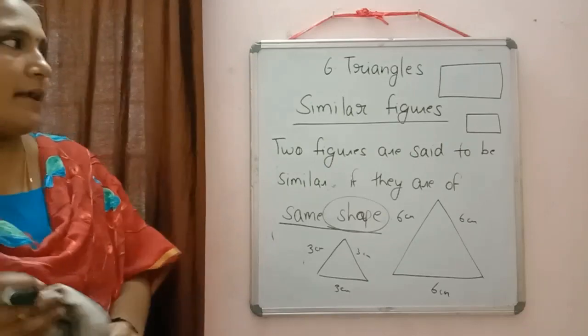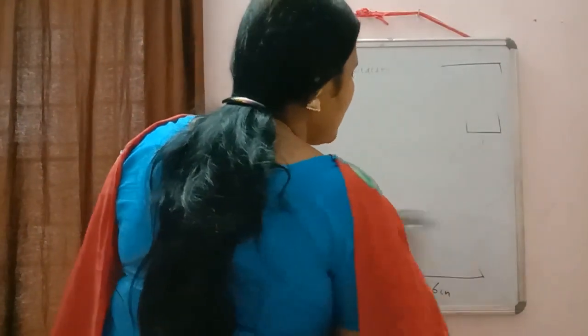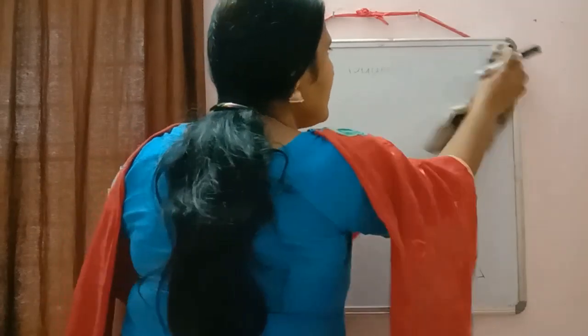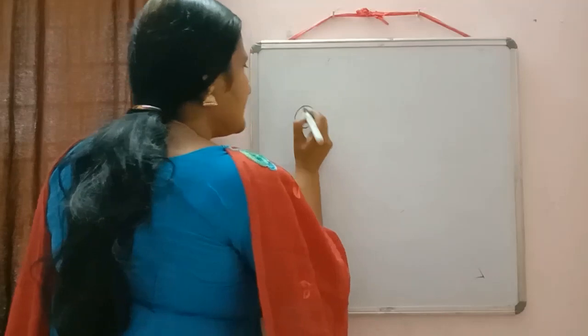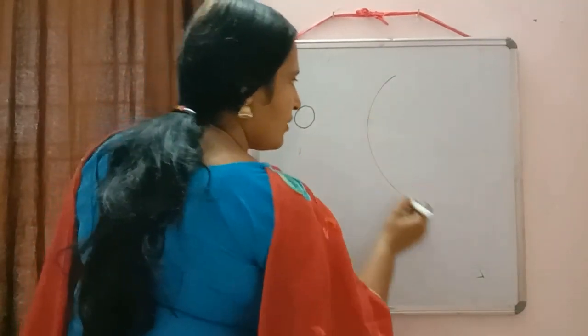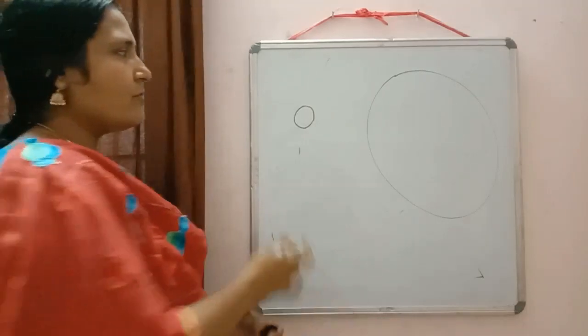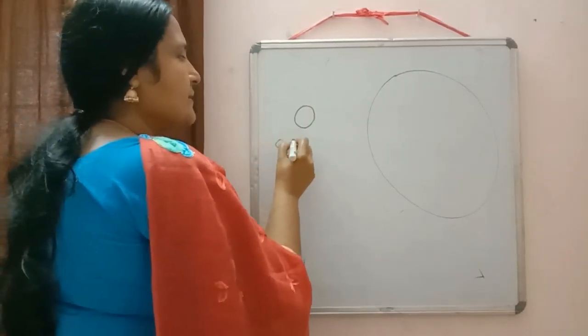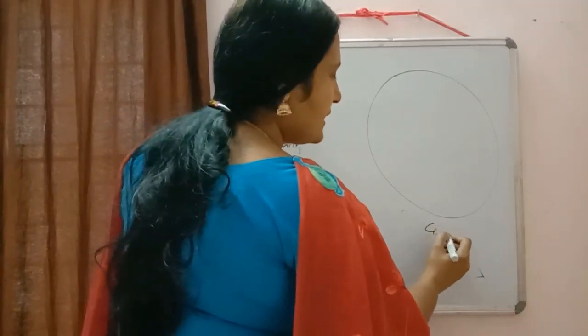In the same way, if I draw circles, we can draw circles of different radius. Suppose I have drawn first a small circle, and after that a big circle. If I ask you what is this one, you will say it is a circle. This one also is a circle.